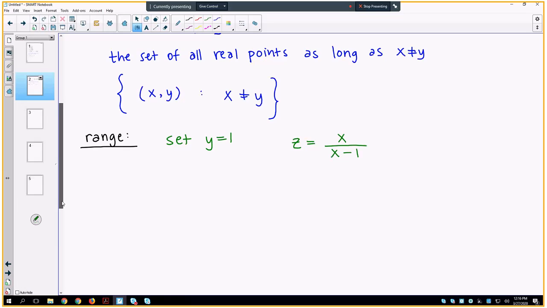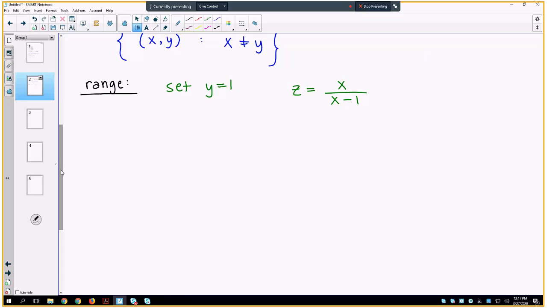Or similarly, I could have put x equal to 1 and still simplify my function in the same way. So this is just a strategy. I say, why don't I see what happens if y is equal to 1? So in my ordered pair x, y, I'm fixing the y. It's always going to be equal to 1. And I'm going to see what possible z values can I get back when I run over all of the possible x values.